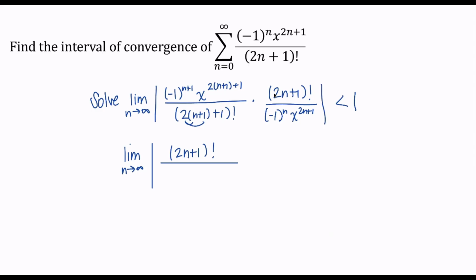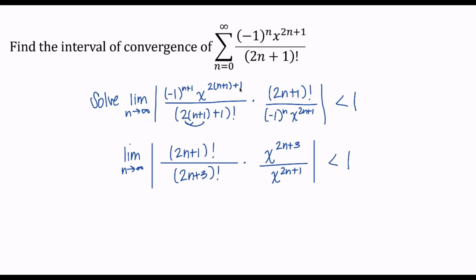So I have 2n plus 2 plus an extra 1 would be 2n plus 3 factorial. And then times x to the 2n plus 1 in parentheses plus 1 is x to the 2n plus 3. So we're going to have x to the 2n plus 3 in the numerator, and then x to the 2n plus 1 in the denominator.